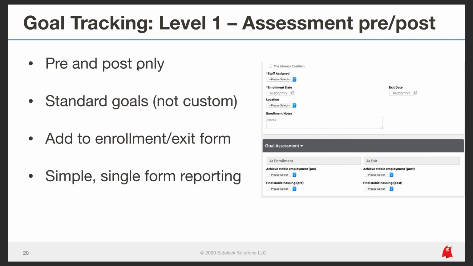You can use this when you only need a pre and post evaluation on a standard set of program goals for all clients, meaning it's not custom by client. And you can add this to the enrollment and exit form to simplify reporting and only place there if there's a handful of standard goals.